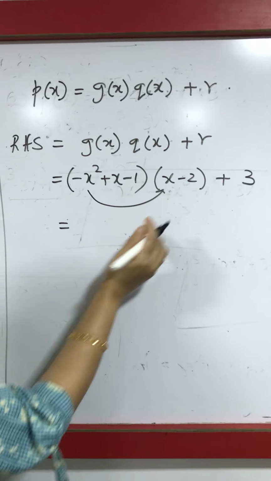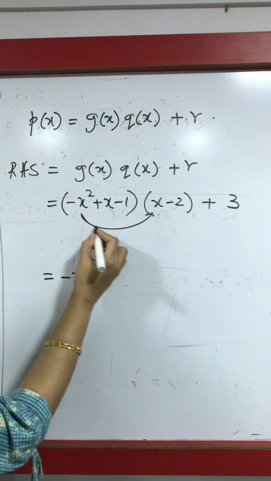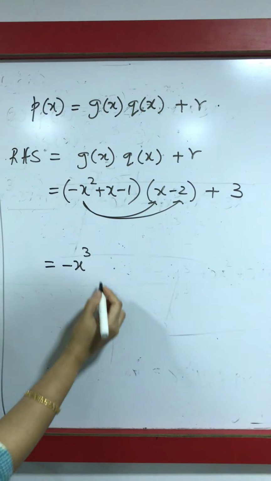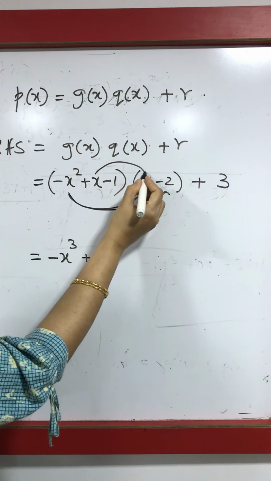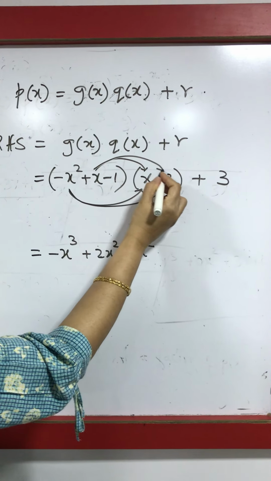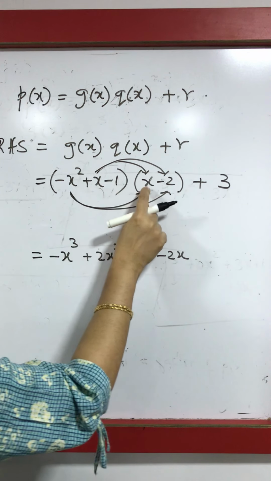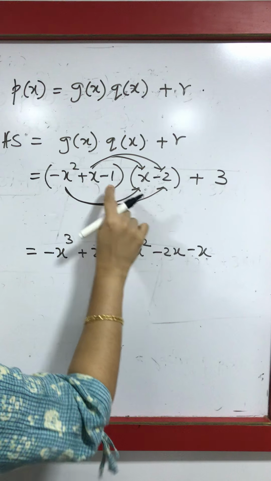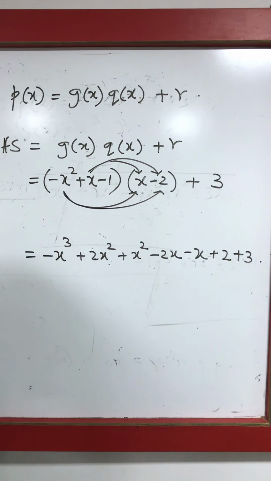So when I multiply x square with x, it is negative x cube. I multiply x square with minus 2, so positive 2x square. I multiply x with x, so that is plus x square. And these two when I multiply minus 2x. I multiply negative 1 with x and negative 1 with negative 2, so plus 2 plus 3.